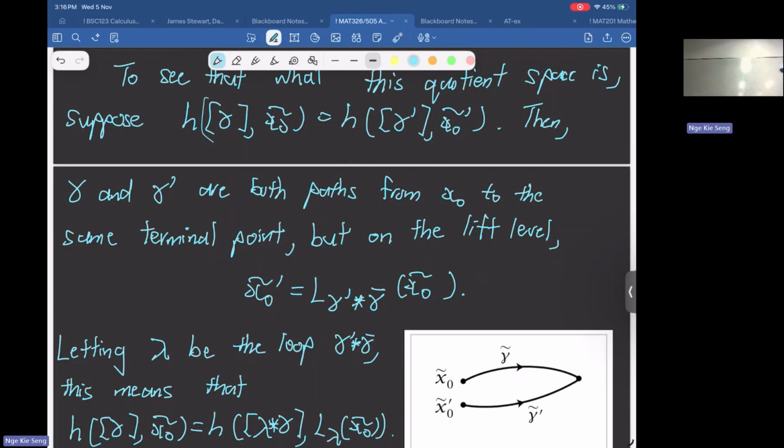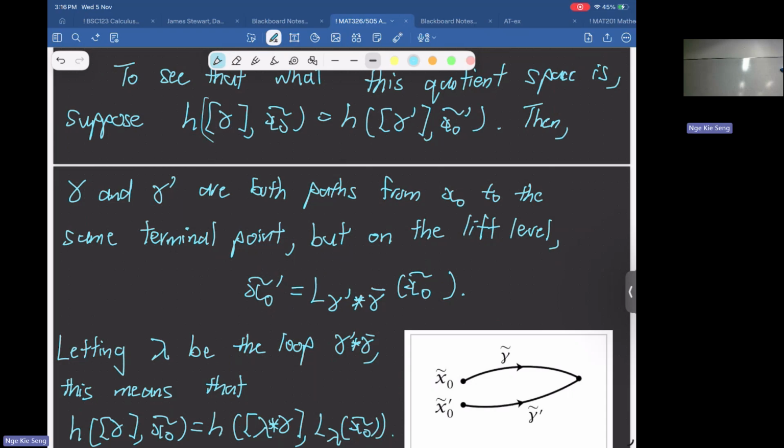Suppose the two endpoints are the same, and what we see there. Think about it: when can these two endpoints be the same?